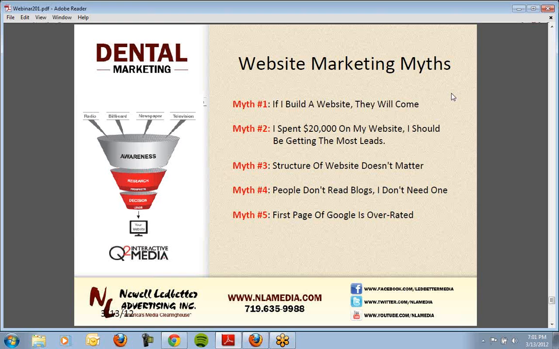So literally, if you're the first person up top, you may be able to get about 32% of all opportunities coming on that first page of Google. What's interesting is the second listing will typically get about 17%. Then you go to the third through the 10th listing on the first page, and it literally goes down to about 3 or 4%. So really, there is something to be said about being on the first page of Google.